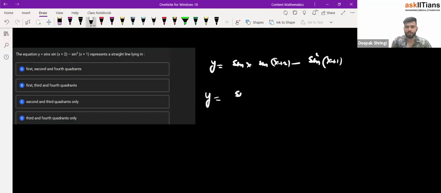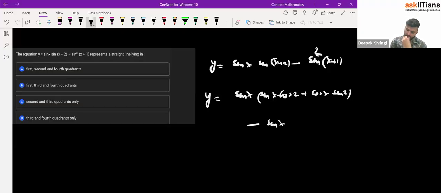Just a second. Let me first apply what is coming to my mind. sin x into sin x plus 2, I can write as sin x cos 2 plus cos x sin 2, and sin square x plus 1 will become sin x cos 1 plus cos x sin 1 whole square. I'll have sin square x, but with that I'll have cos 1 cos 2.